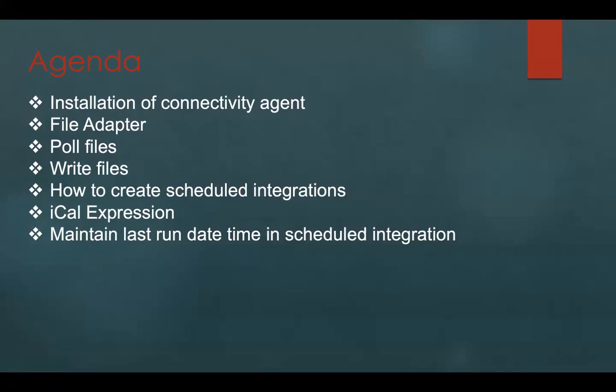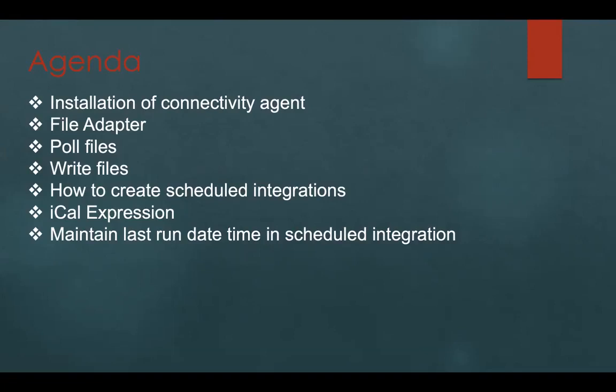Yesterday, we covered a few other use cases of the FTP adapter, like how to encrypt and decrypt files via the FTP adapter, how to use the stage file action in order to read the file, and how to download the file on the staging via the FTP adapter.